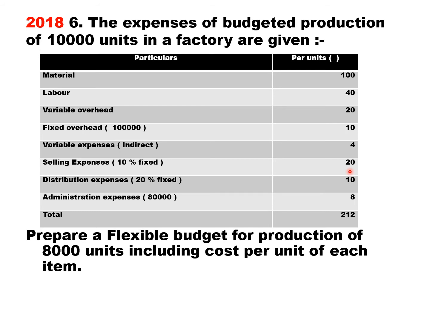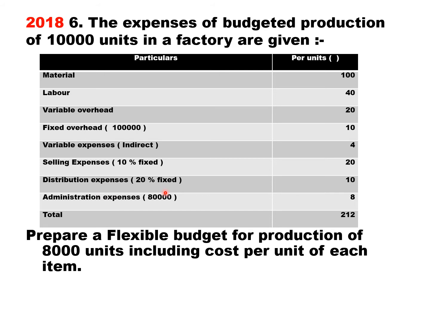So 20 rupees into 10%, you get 2 rupee. So 2 rupee into 10,000, total fixed cost will be 20,000 rupees. Then remaining 18 rupee will be variable, that is 90% of 20 rupee.